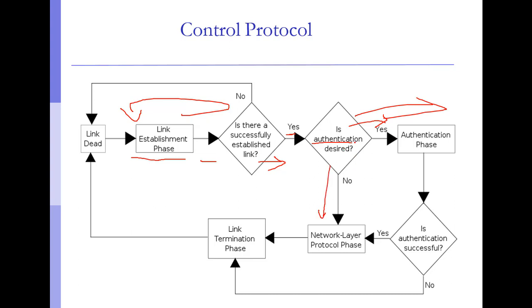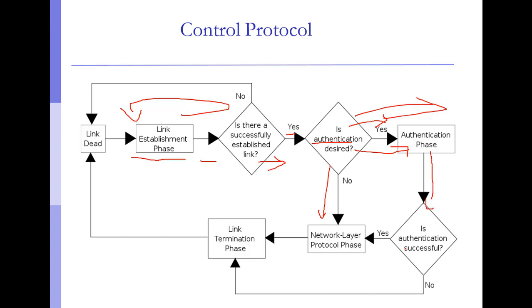If this authentication is required by the administrator, it will go into the authentication phase, and in that phase they will check if the user has the authority to enter the network or not. If it is correct, it will go into the successful phase.